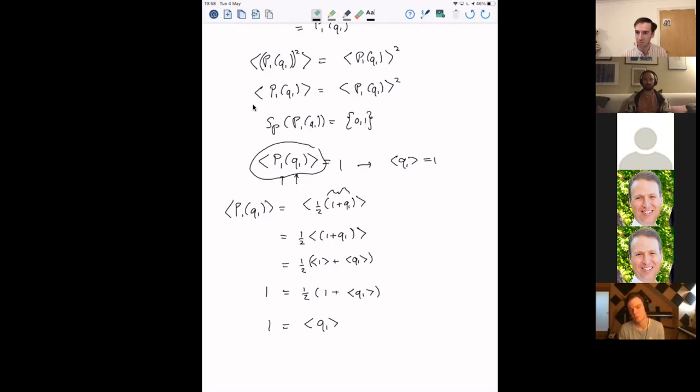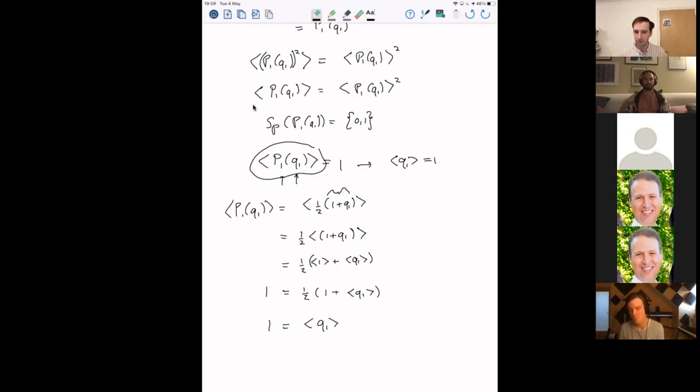If you have probability 0 of measuring Q1 to have value 1, then it must have the only other sharp value, and that is -1. So if the expectation value of P1 is 0, then Q1 would have value -1.